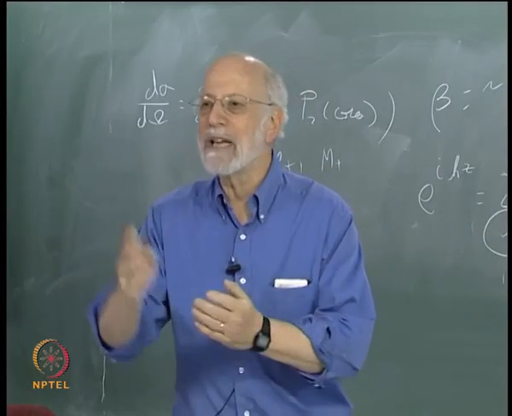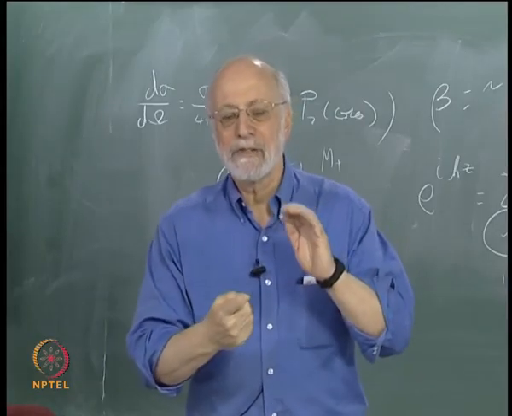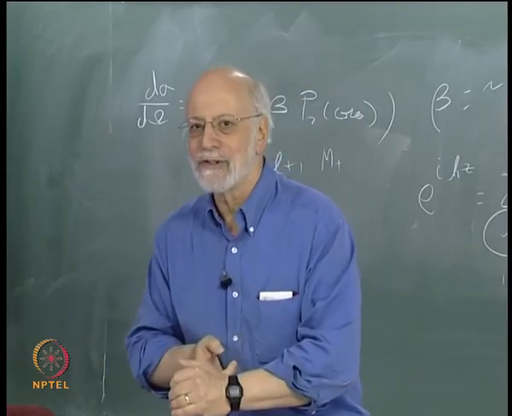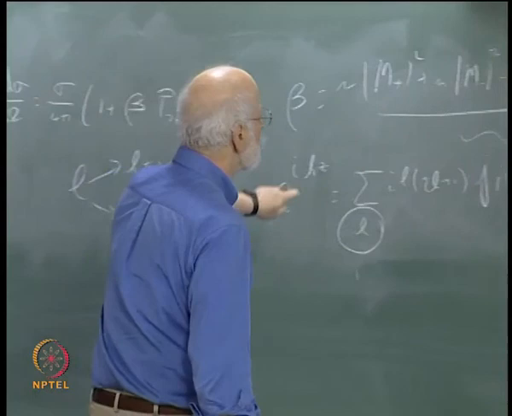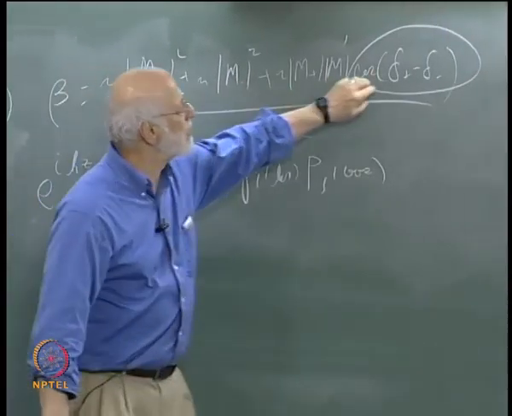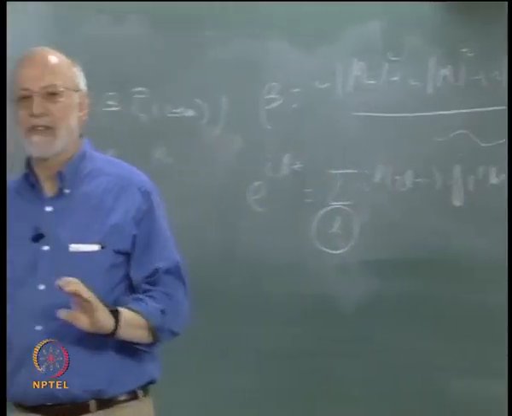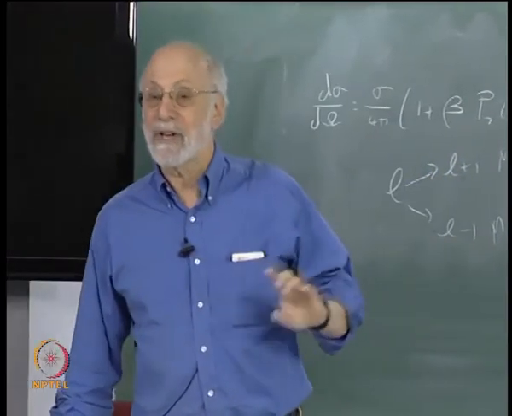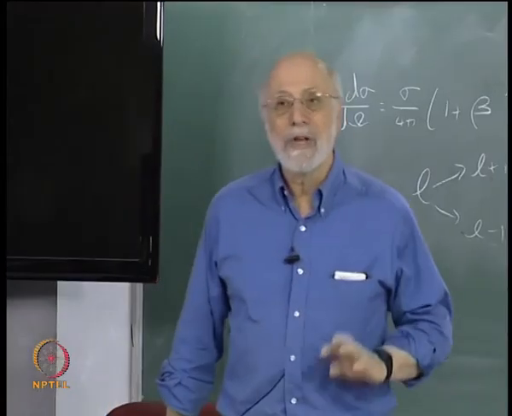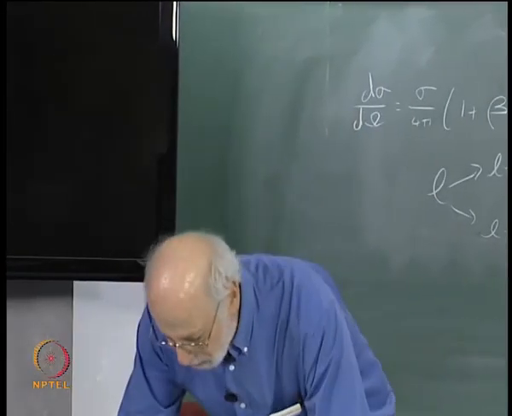And a matrix element has two attributes: its magnitude and its phase. The angular distribution allows you to get information about the phase. There are very few processes which give you information about the phase. This is one of them, and so this is a really interesting one to study.